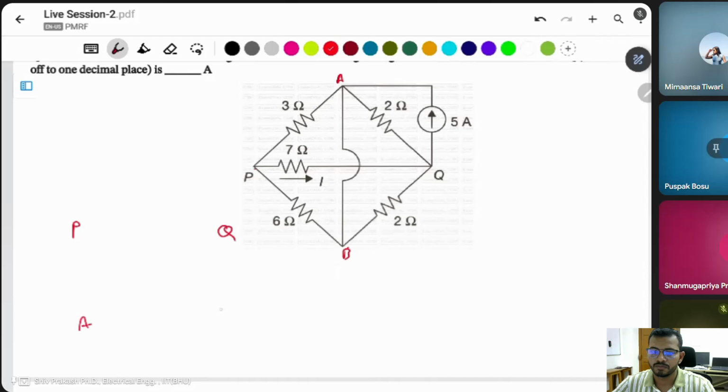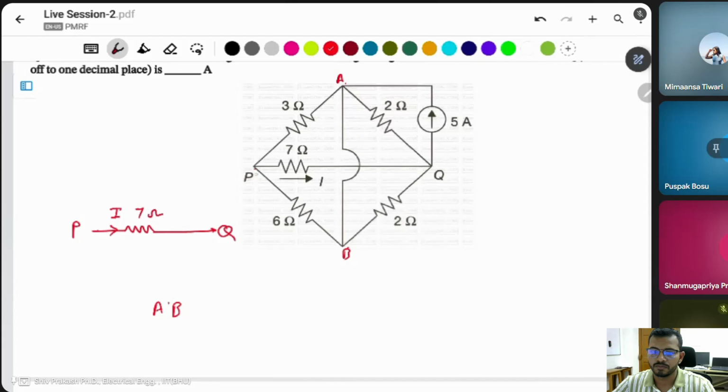Sorry, A and B is the same point, because both are connected to this wire. Then between P and Q the resistance is 7 ohm, and we have to find the current through it.